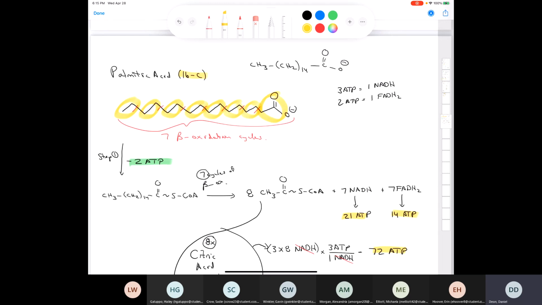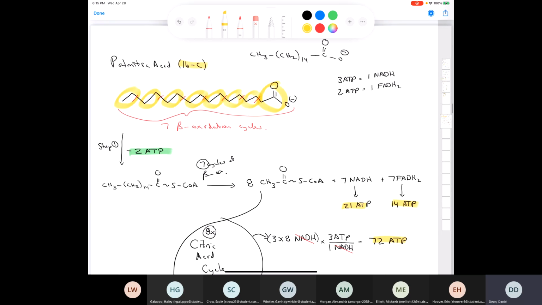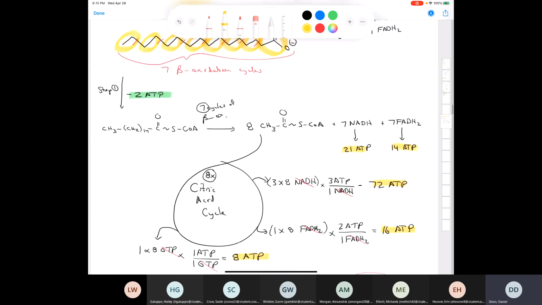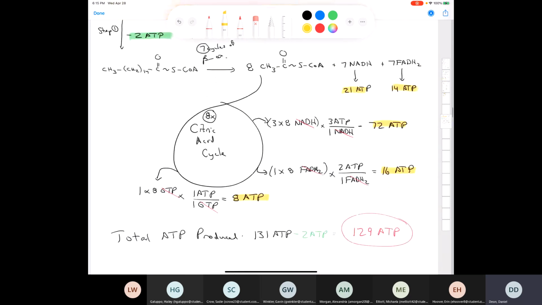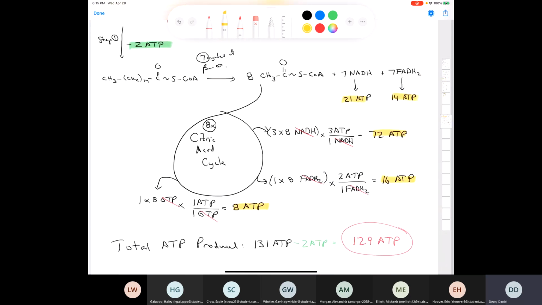It means 7 beta oxidation cycles and 8 acetyl coenzymes are produced. Okay, those are the major take-home messages, and you should know the value of an NADH and the value of an FADH2. And with all that information, you would be able to calculate how much ATP is produced from any fatty acid that you encounter.